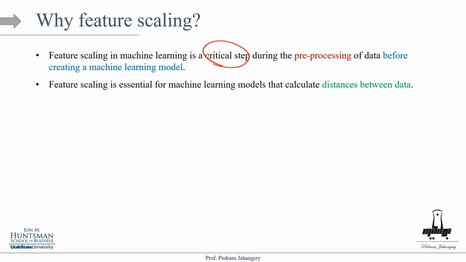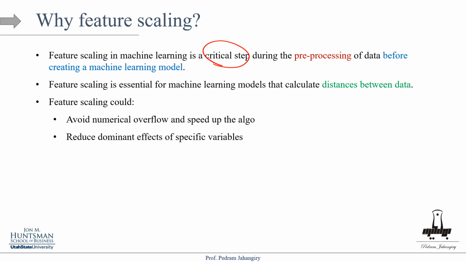Some examples for those models are KNN in supervised learning, k-means clustering in unsupervised learning, and principal component analysis. And later on, we're going to see some other models that use gradient descent, and we will see feature scaling is going to become very, very beneficial when doing that.